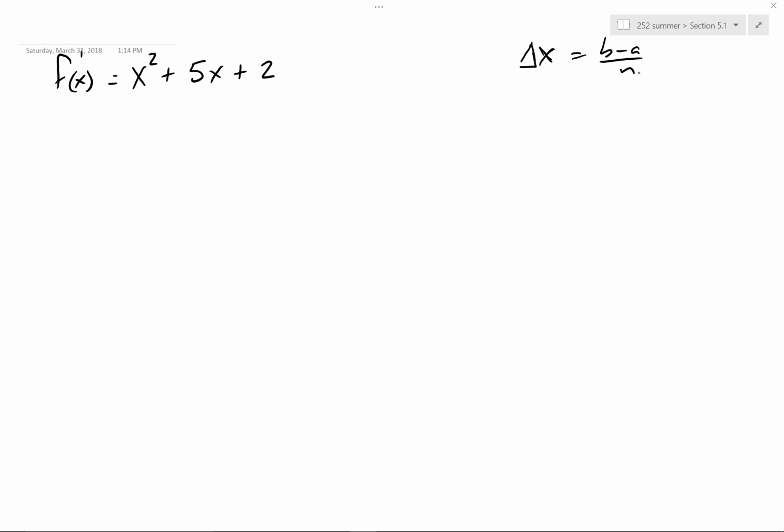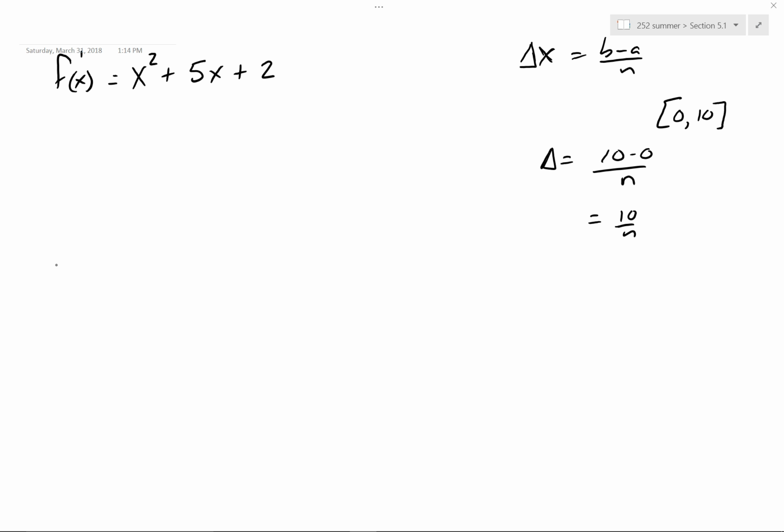What if Jay said to you, let's let this go from 0 to 10, let's say, just because I feel like it. So then my delta x would be equal to 10 minus 0 over n, or just 10 over n. Are you with me? Okay. So that's kind of exciting, I guess. So then, what would happen if you plugged in some of our values?